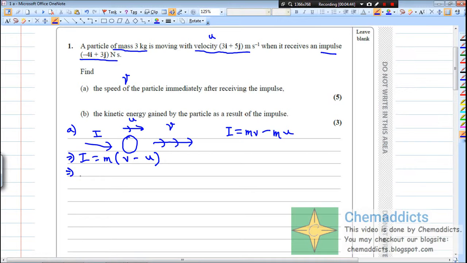Here the impulse is minus 4i plus 3j. This is a vector, that's why we are writing it as it is. This equals m, and here the mass is 3 kg. We are just substituting the values. So v, we don't know v, minus u, where u is 3i plus 5j.